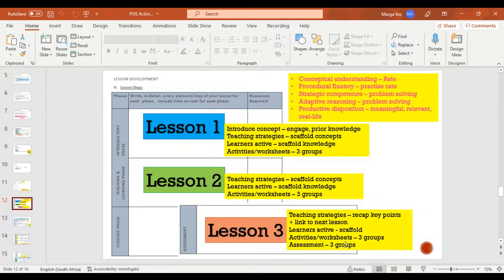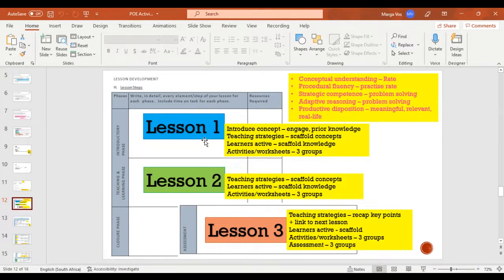So please remember, it is not 3 worksheets here, 3 worksheets here, 3 worksheets here, and 3 assessments. No, it's activities, learning experiences. All right, so if you want to do a worksheet, yes, you can.